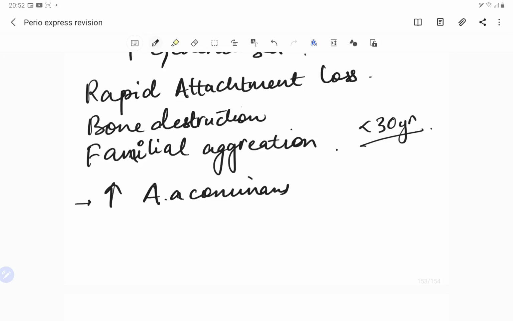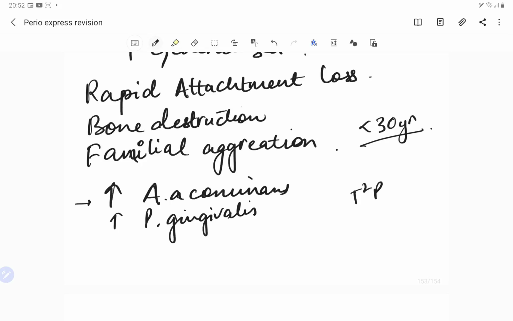Also we see an increase in A. actinomycetemcomitans, and in some patients an increase in P. gingivalis. P. gingivalis, we know, is a bacterium of the red complex, the T, T, T square P we have studied, which is associated with chronic periodontitis, which we have just now covered.